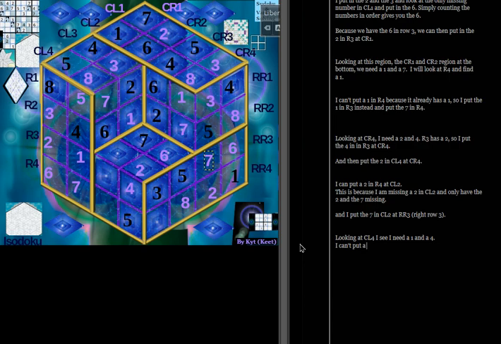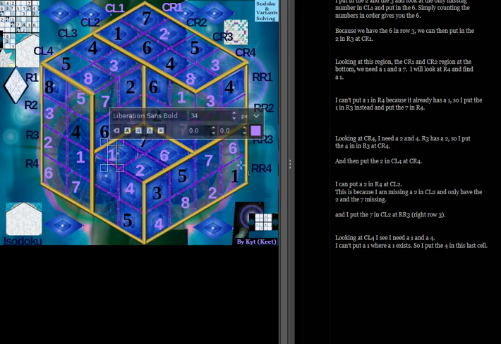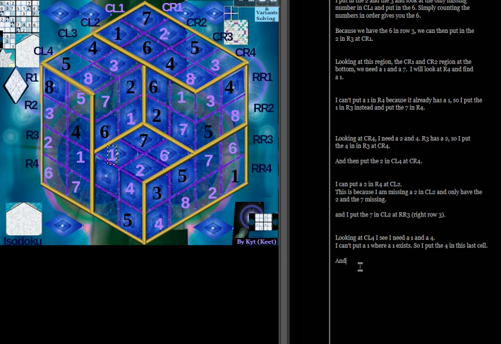I can't put a 1 where a 1 exists, so I put the 4 in this last cell. And then put the 1 in the other cell.